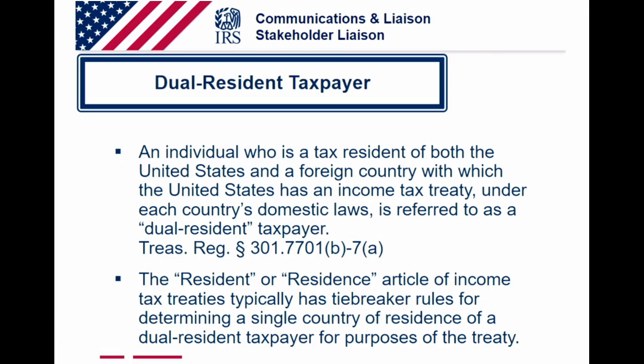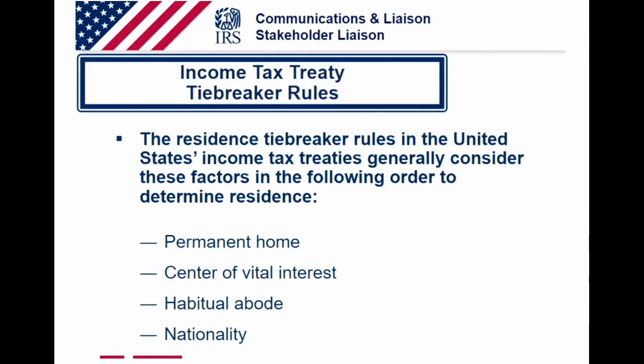If there is a treaty between the United States and the foreign country, it could offer relief from double taxation because the resident or residence article of those treaties, as I mentioned earlier, typically have tiebreaker rules that determine residence for purposes of the treaty of such individuals.